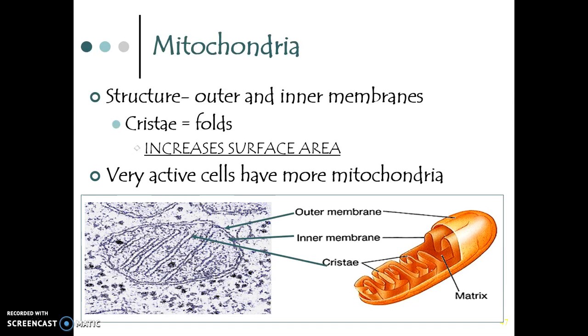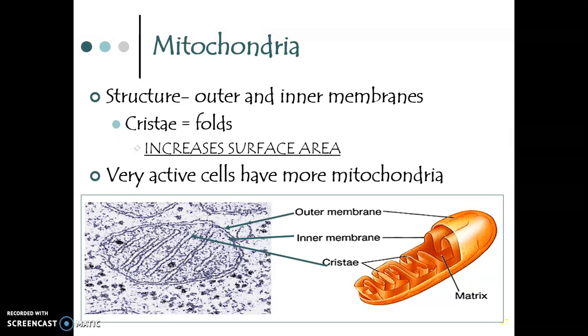Now, the mitochondria has a special structure, and that's how you can recognize it in images. It's kind of shaped like a little bean or an oval, but on the inside, the inner membrane is all folded up. And the reason why it's all folded up is really important. These folds are called cristae.